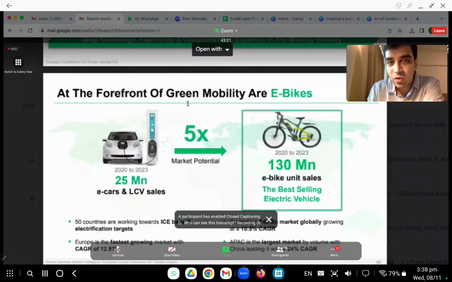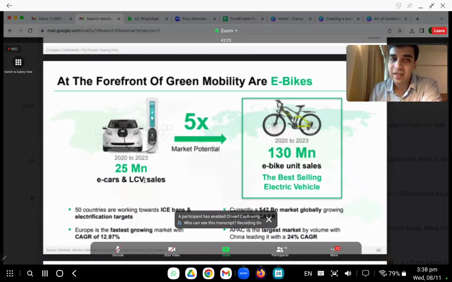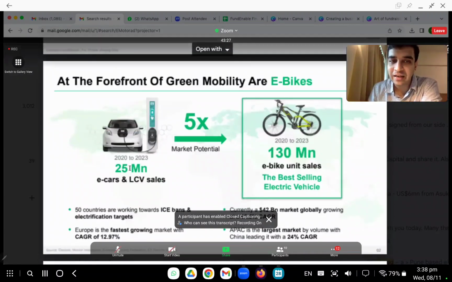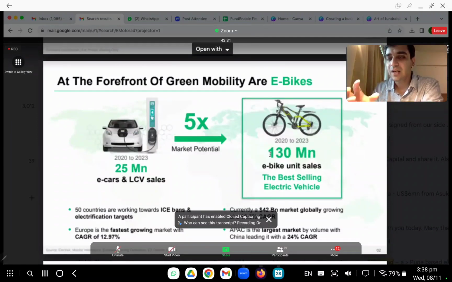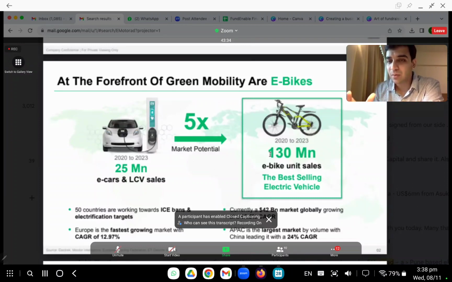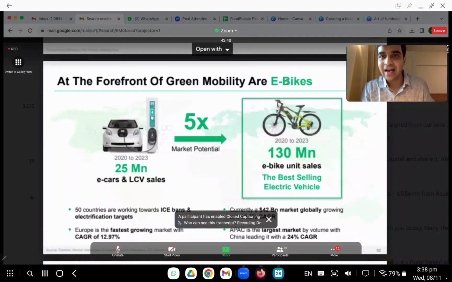And at the forefront of green mobility actually are electric bikes. All of you think that at the forefront of green mobility there are electric cars, but in the mobility space, e-bikes are actually picking up maximum volumes. So the entire tagline, even the headlines, are in a way meant to attract green mobility or, I would say, climate impact funds.